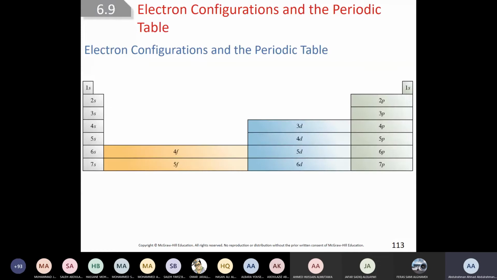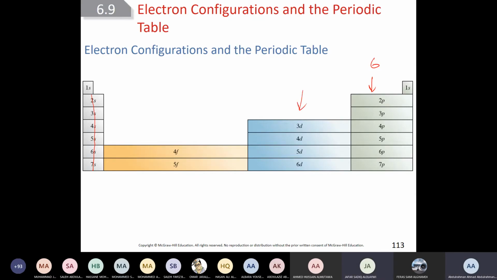All right? And last thing we talk about in this chapter, look at, as we said, these are the 2s orbitals. So there are 2 columns here, and this is the 2p. How many columns we should have at this p? 6.